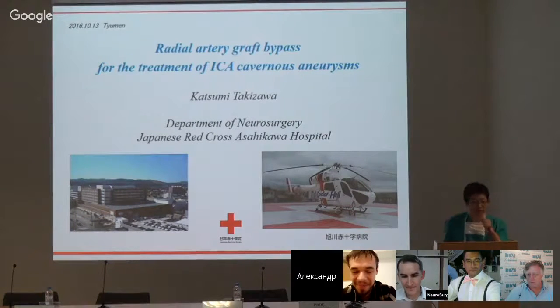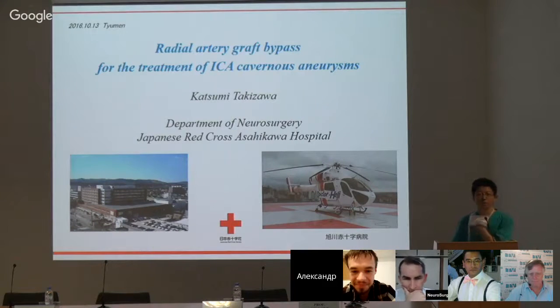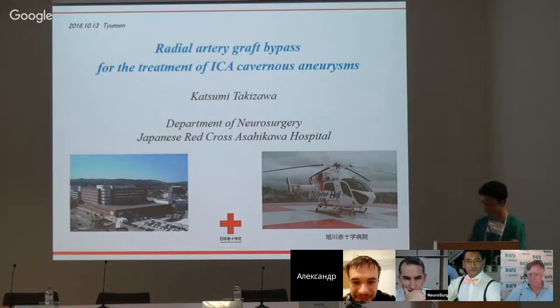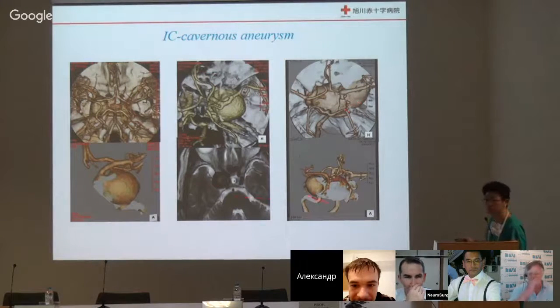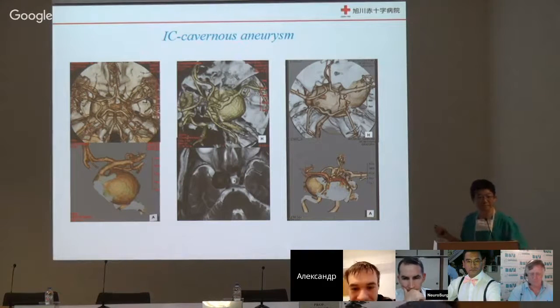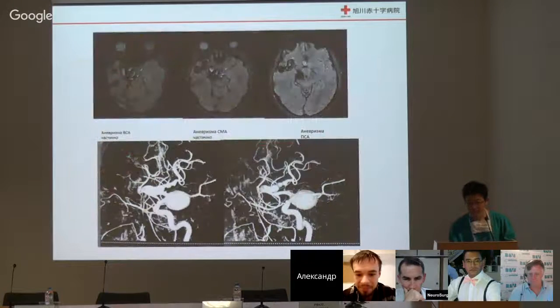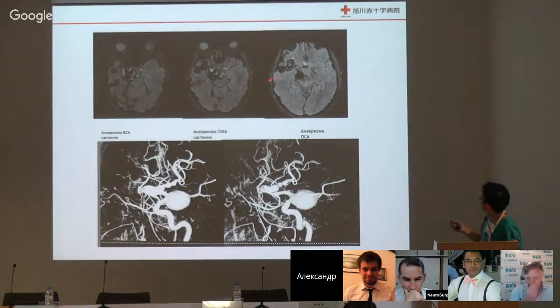Okay, this is one of the Japanese presenters. My topic in this lecture is how to treat cavernous aneurysm. This is a cavernous giant aneurysm case. Do you think this aneurysm is too difficult to treat or not? This is an IC case from two days ago, very, very difficult.